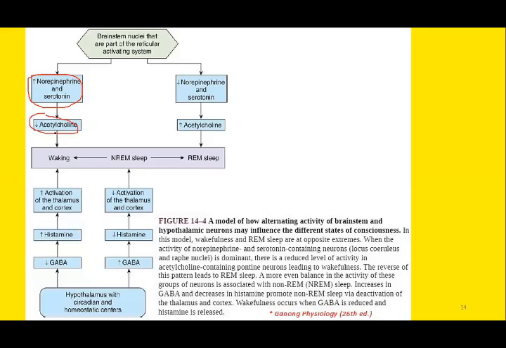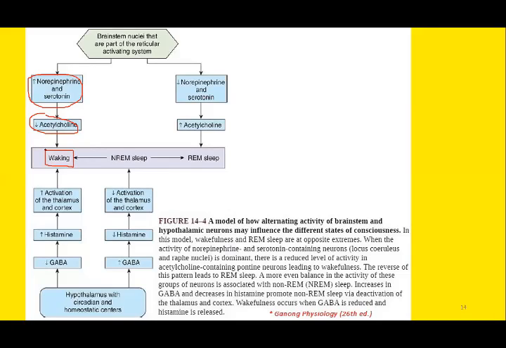So, suppressed levels of acetylcholine and increased levels of norepinephrine and serotonin will promote wakefulness. And vice versa.